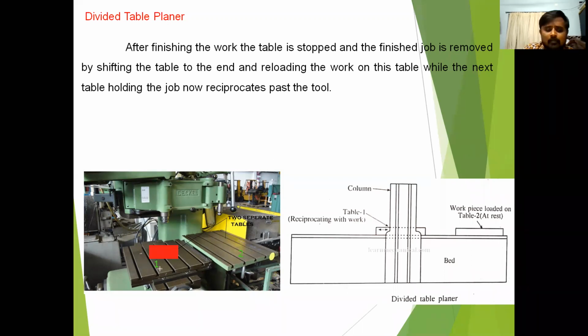Initially the workpiece is placed on table 1, and we are performing some operation on the workpiece placed on table number 1. While this operation is being performed, simultaneously we load the second workpiece on the second table. And after completion of the operation, immediately we move table number 1 to the unloading, and we move table number 2 to the cutting tool.